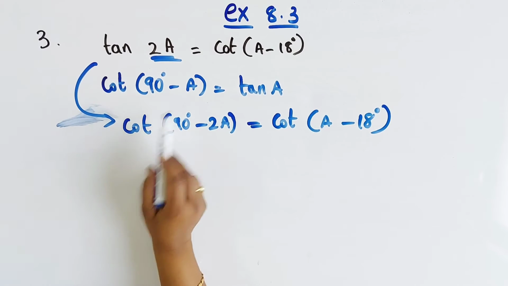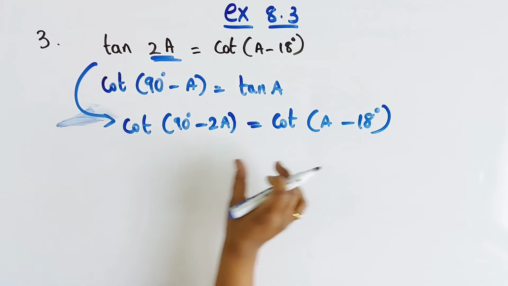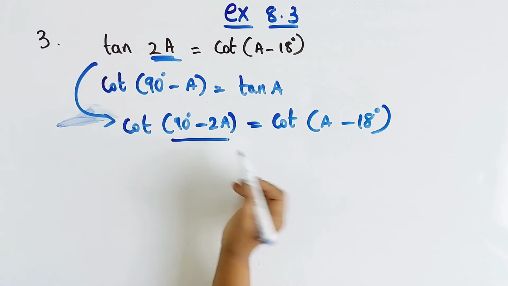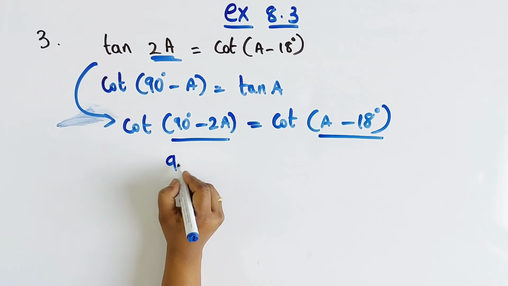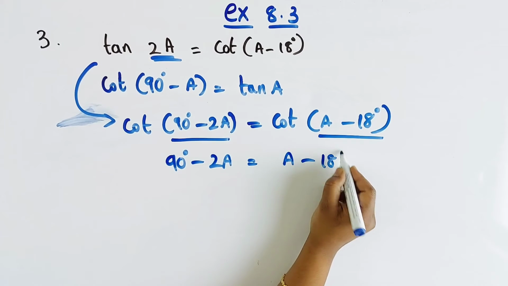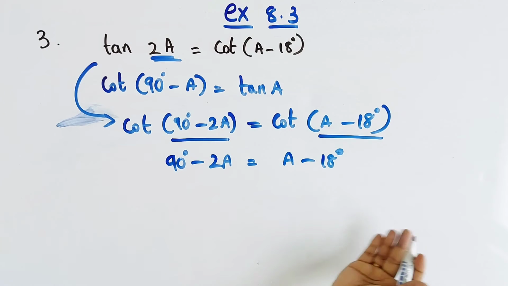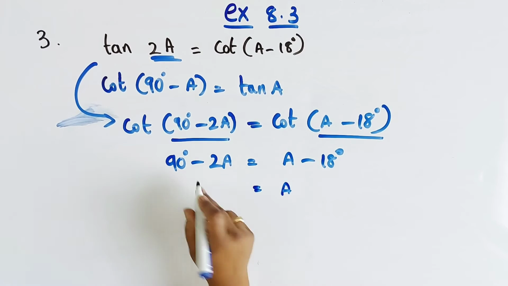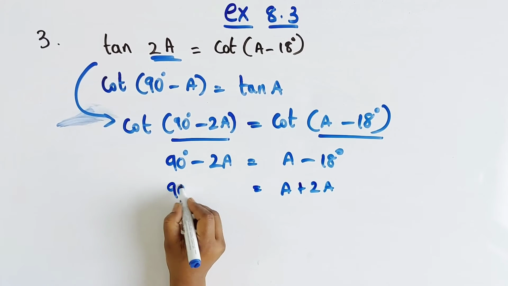Here we changed tan 2a into cot(90 degrees minus 2a) by using the formula cot(90 minus a) equals tan a. Right. Now here also cot, here also cot. Let's make these two equal. That means 90 minus 2a equals a minus 18 degrees. Correct, children? So let's send 2a that side: a, this minus 2a will go this side, means plus 2a, 90 degrees.